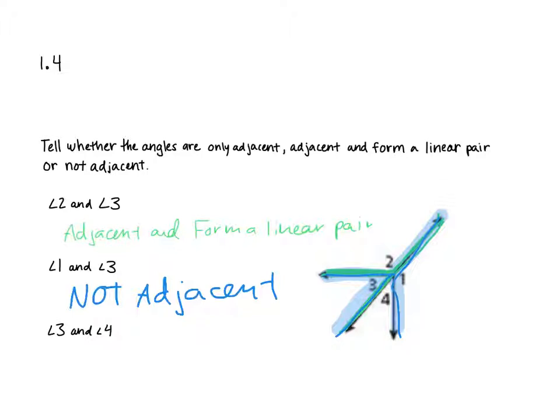What about angle 3 and angle 4? These would be only adjacent because they're right next door and they don't form a straight line. So they are only adjacent.